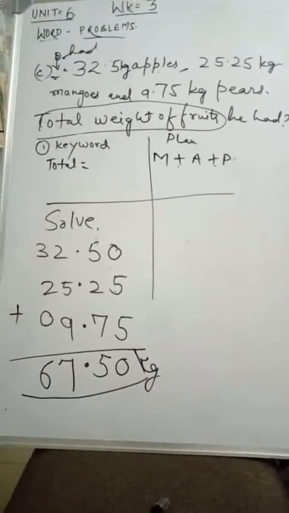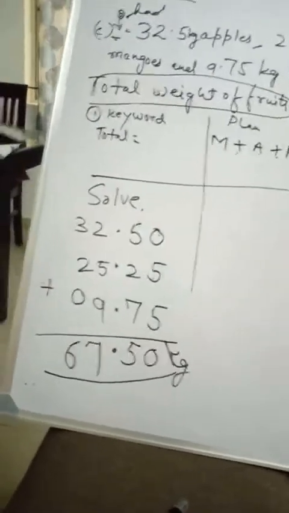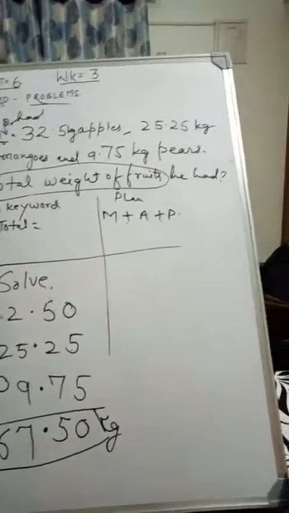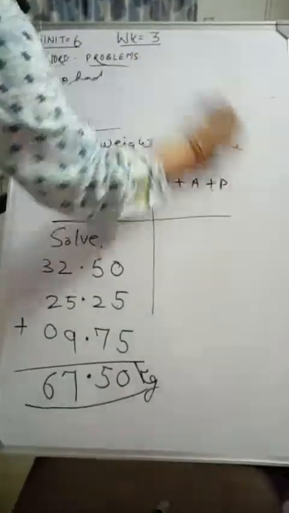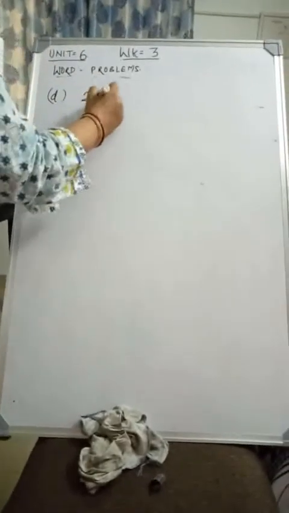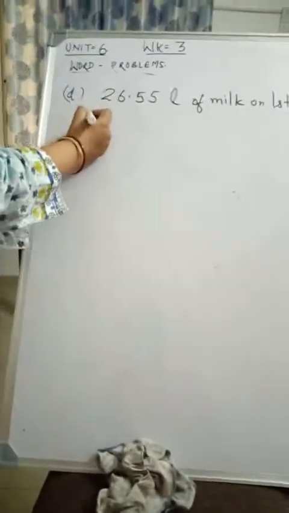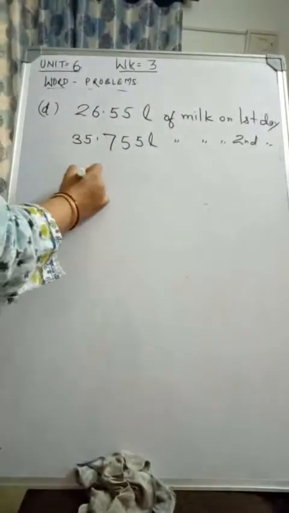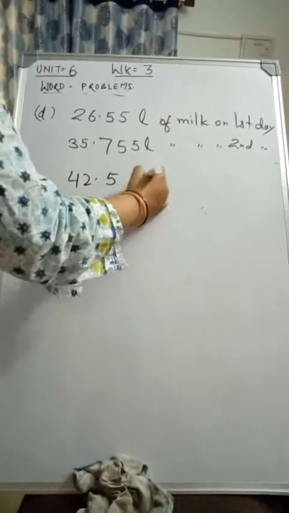Okay children, now in the next question, question number D, the word problem is: a milkman sold 26.55 liters of milk on the first day, 35.755 liters of milk on the second day, and on the third day he sold 42.5 liters of milk.